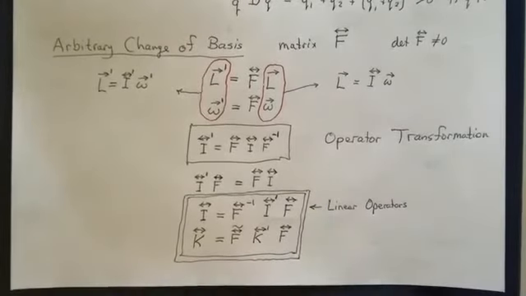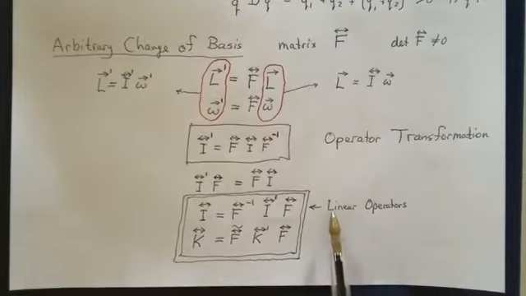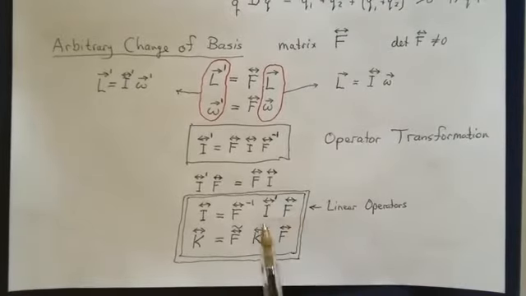If the matrix you're talking about, in this case we use I for the matrix, is a linear operator, and you change basis, then this is the relationship between the primed and the unprimed matrix.